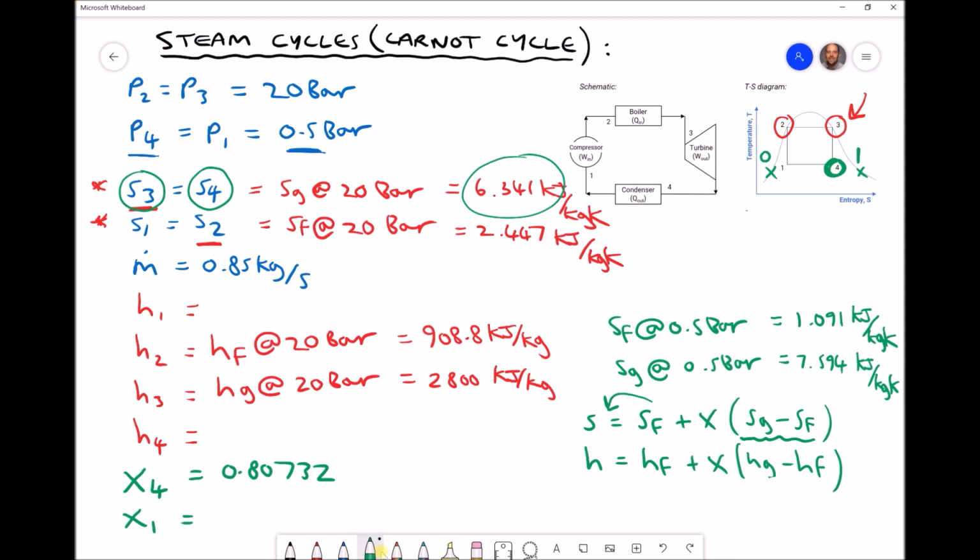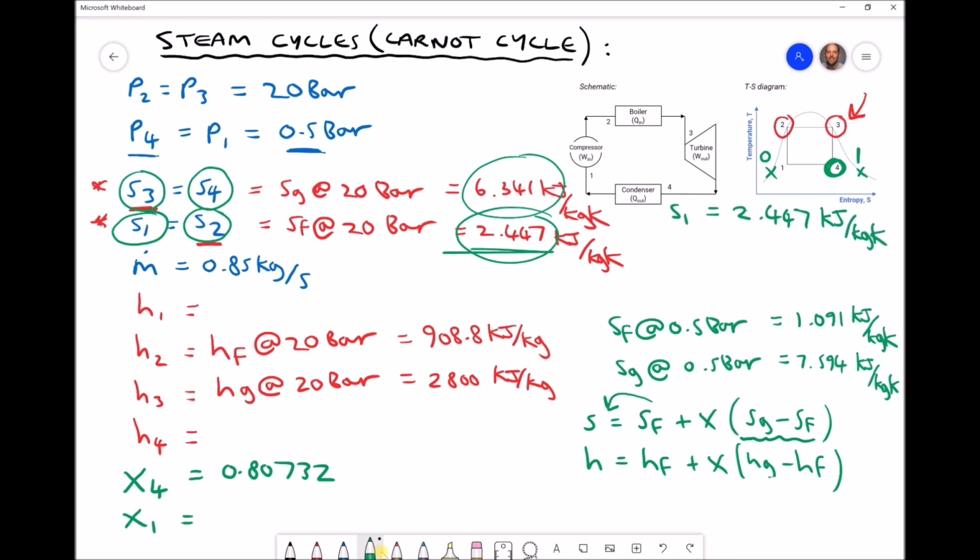Now we know that at position 2, S2, our entropy is 2.447. But we also know, because the compression is isentropic, S1 equals S2, which equals 2.447. We're interested in position 1, so we have S1 equals 2.447 kilojoules per kilogram Kelvin.